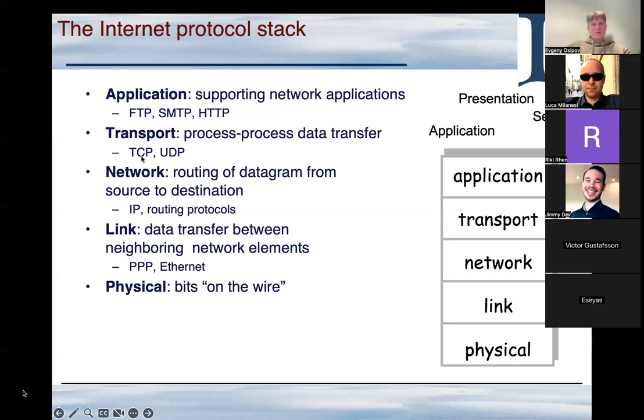Transport layer is responsible for multiplexing and demultiplexing information flows from different applications onto a single network interface.